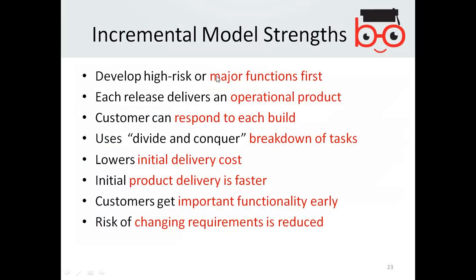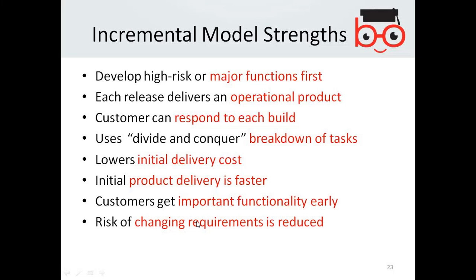Strengths: develop high risk or major functionality first. Each release delivers an operational product. Customers can respond to each build. Uses divide and conquer breakdown of tasks. Lowers initial delivery cost. Initial product delivery is faster. Customer gets important functionality earlier.